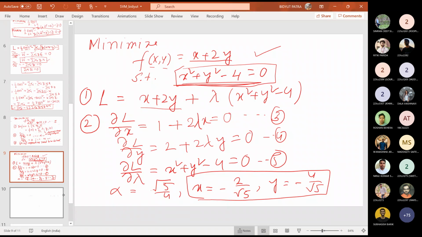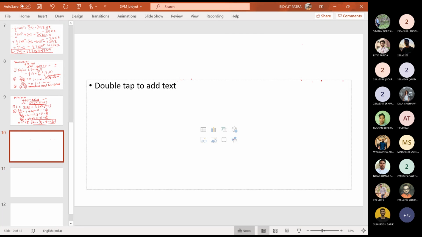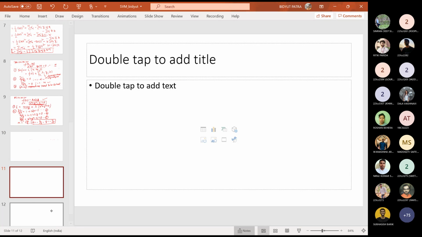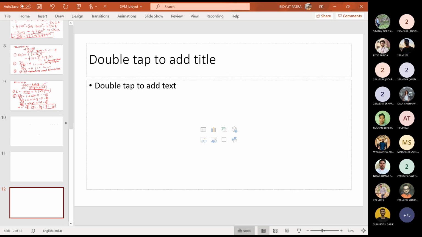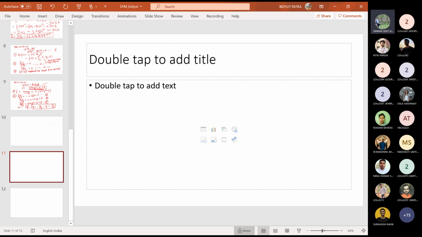Okay, same problem. I could not remove it somehow. So go to layout and then click on the blank PPT. It will go. Layout I could not see here. Design, draw. Sir, the problem is, you have to perform a right click on the slide here.